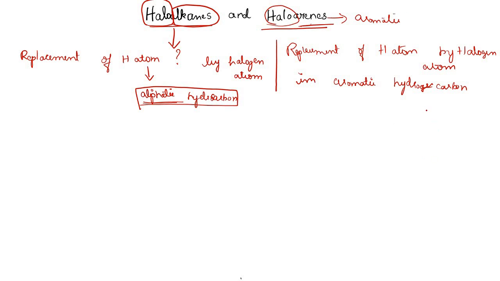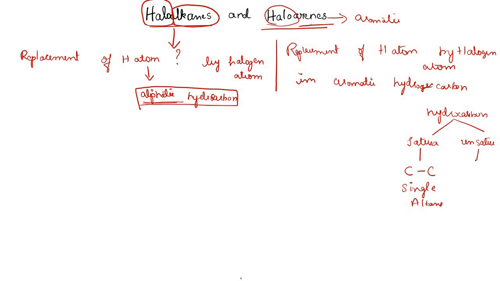So we all know that hydrocarbons are classified into two parts, that is saturated and unsaturated. In the saturated, it's basically a carbon-carbon single bond, like the alkane part.